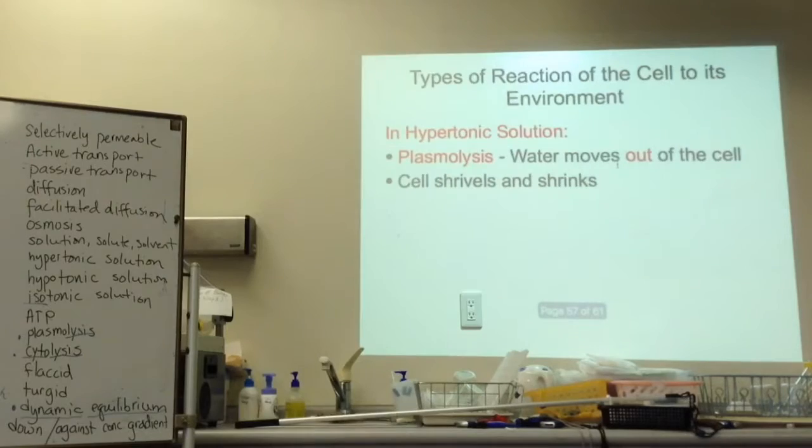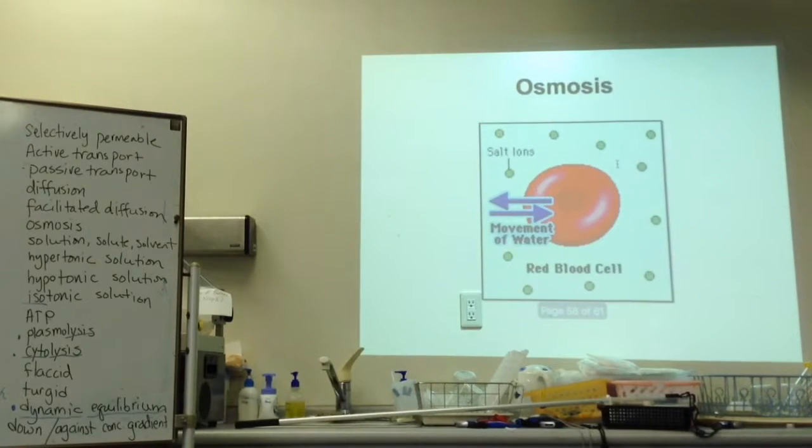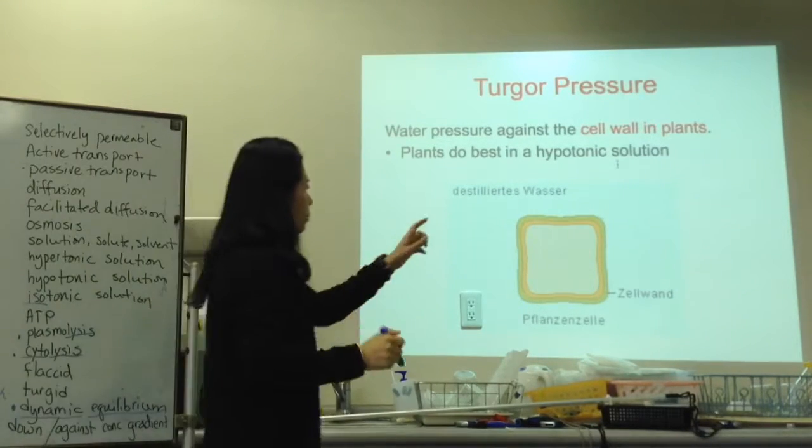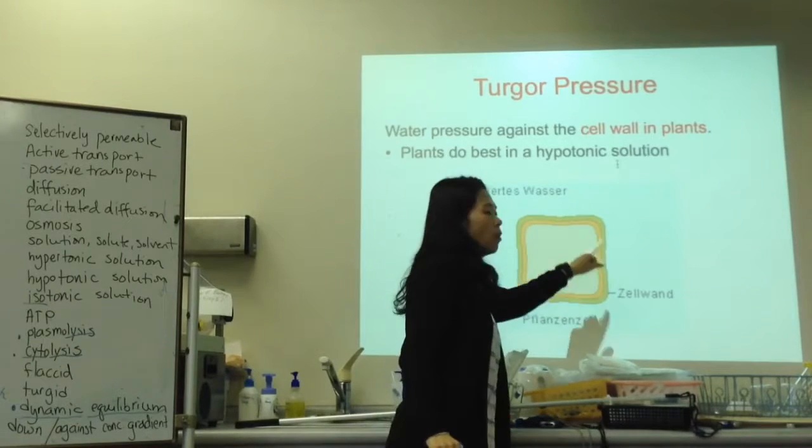All right, before I talk about that, in plant cells there's a little bit of difference in the effect of these solutions. A plant cell has its membrane protected by the cell wall.